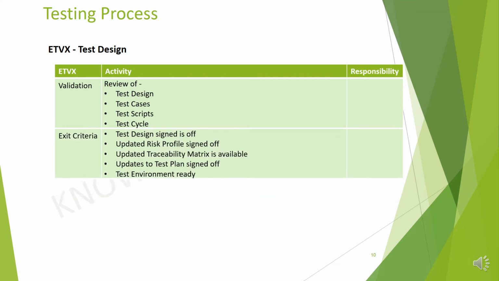And under exit criteria, the activities are: signed off test design document, updated risk profile document, then availability of updated traceability matrix, then updated test plan document, and availability of test environment.